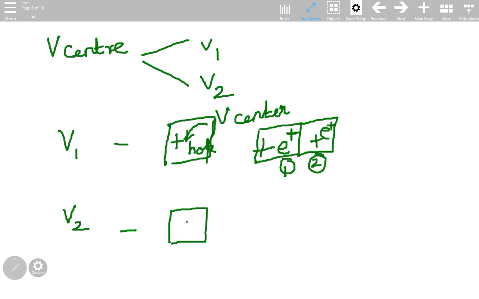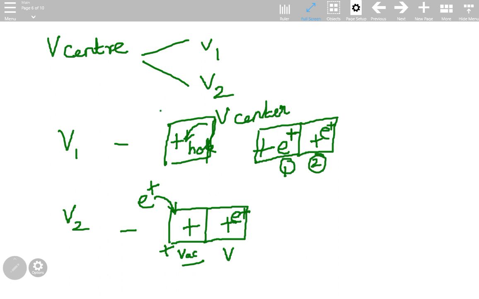So V2 is where there will be one vacant site which a hole has yet to come to. It has not come yet. So I depict a hole as E plus for now, and this will be combined with a V center. What is meant by a V center? That is a positive vacant site which a hole has already occupied. So this is one V center, and this is the vacant site for the positive site.